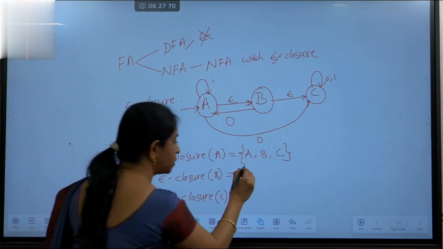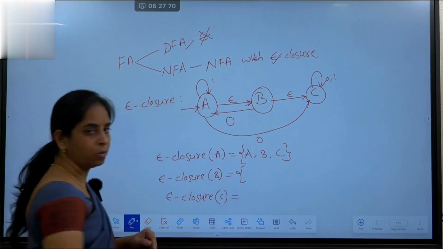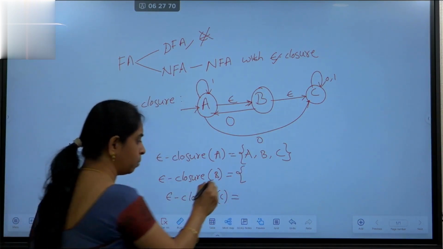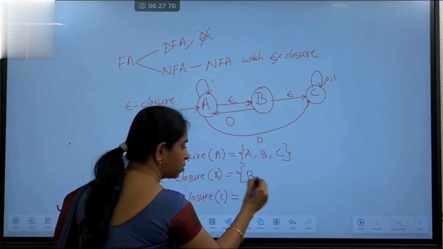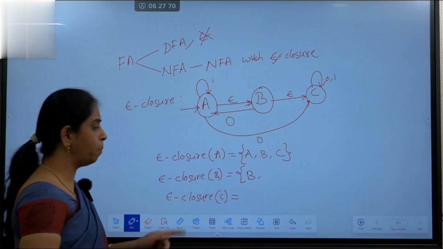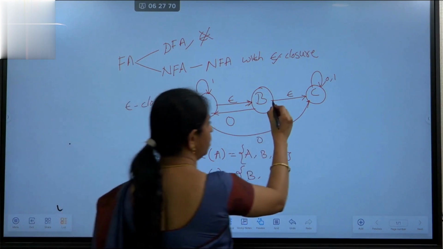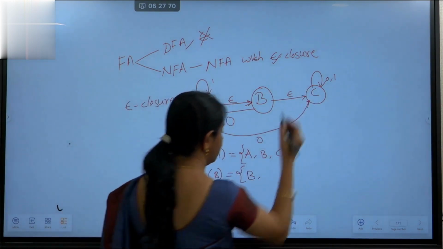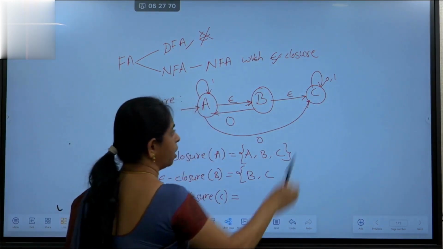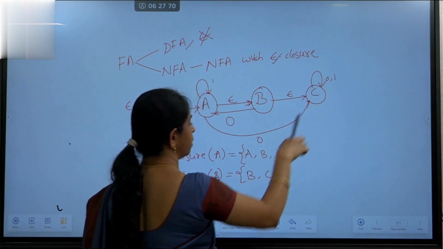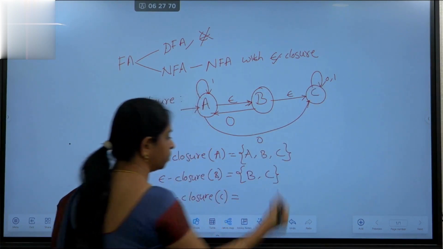Next, coming to the epsilon closure of B: first the same state itself, B. From B we move through epsilon to C, and from C we don't have any epsilon transition, so we stop here.